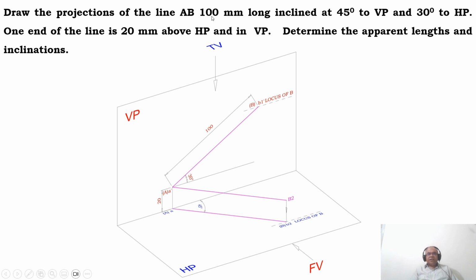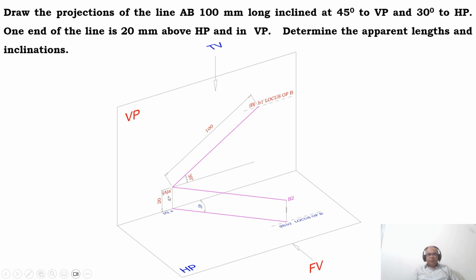So he says line AB is 100 mm long. This is the point A when you look from the top view, and when you look from the front view, this is the point A dash. He says it is inclined at 45 degrees to VP. What is the true length? The line is parallel to HP where it will be in VP. When you look from the front view, it is 30 degrees to HP.